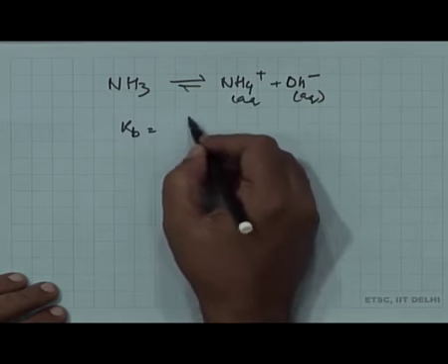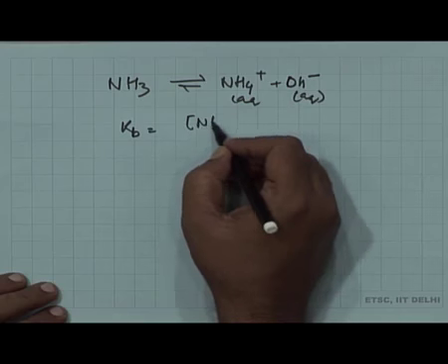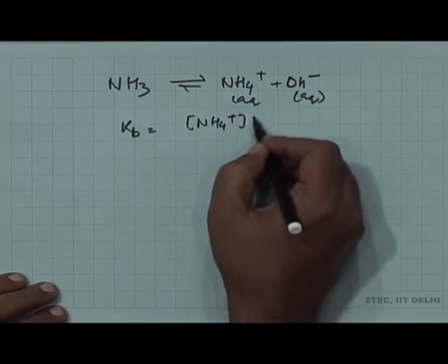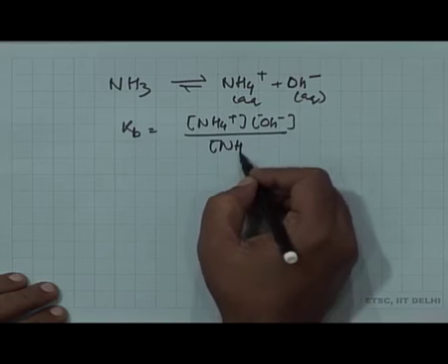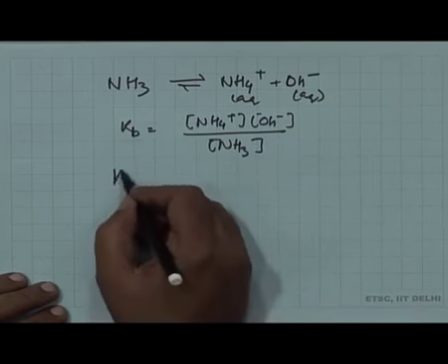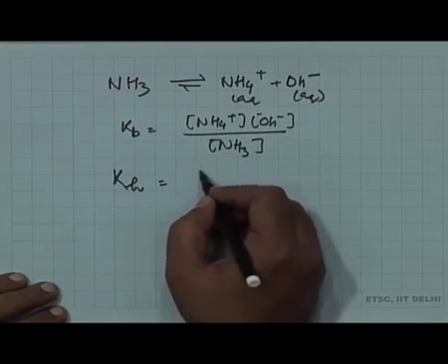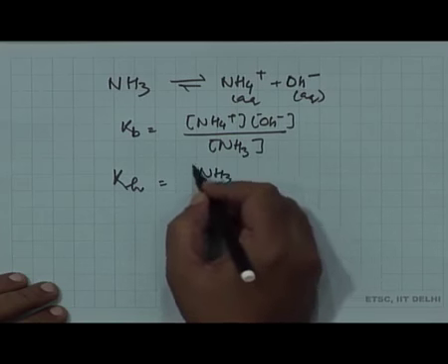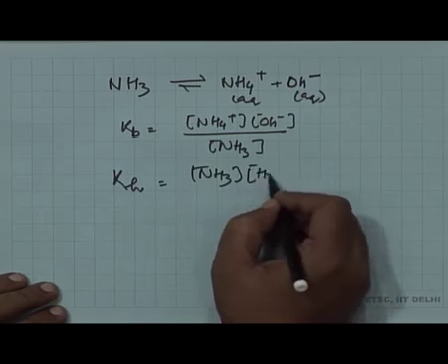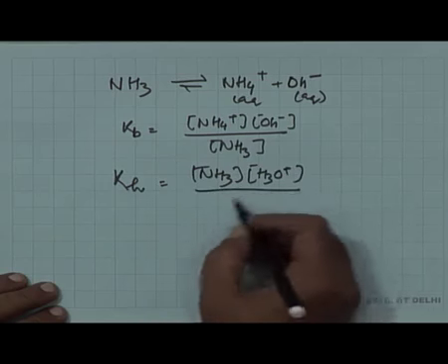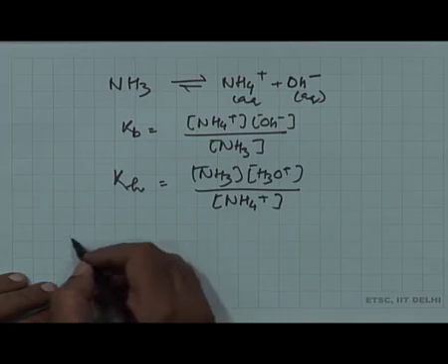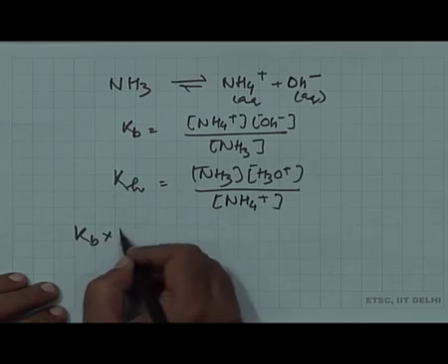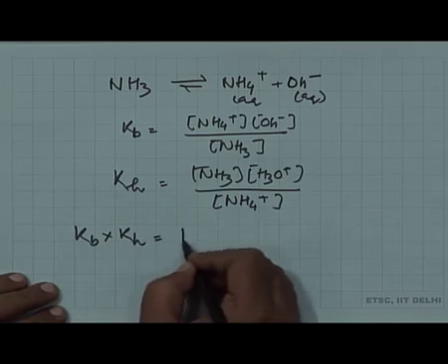Kb is equal to NH4 plus into OH minus divided by NH3, and just now we calculated Kh, which is NH3 aqueous into H3O plus divided by NH4 plus. Again, if in this case we multiply Kb into Kh, it will be equal to Kw.